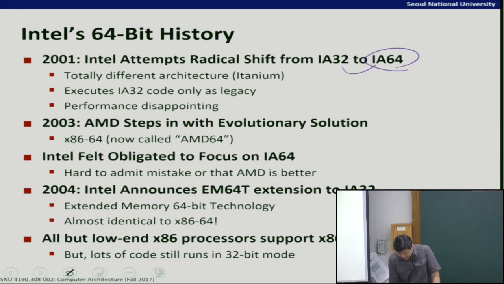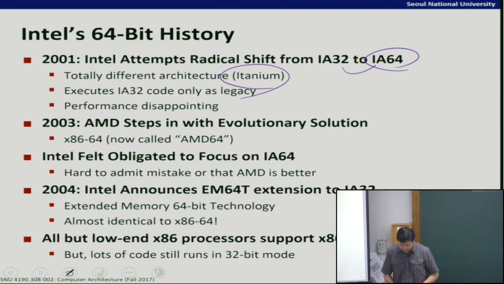This processor is called Itanium, which didn't succeed in the market. They tried a very radically different instruction set from the original IA32, called IA64, and they had the Itanium family of processors, but it didn't succeed. It actually failed. It's jokingly called Titanium, because the Titanic collapsed. Some people actually call it Titanium. It collapsed.